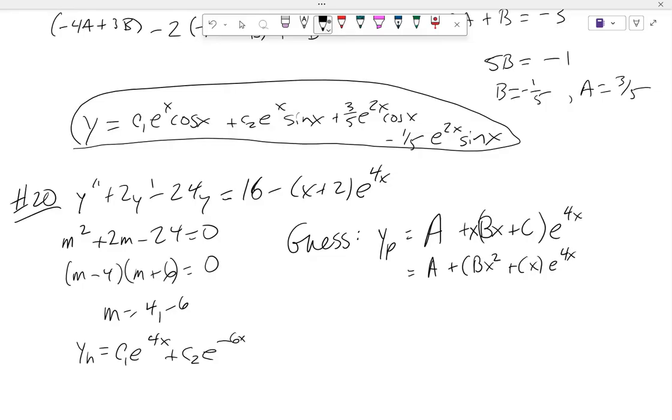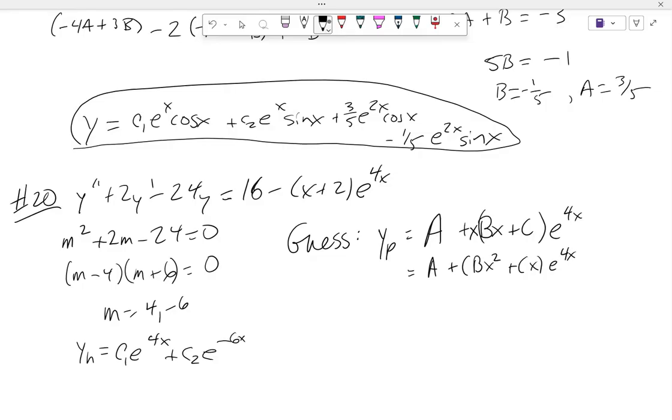So I'm going to emphasize just one more time, because there's a little bit of stuff going on here, right? Since I have some arbitrary-ish polynomial multiplied by the e to the 4x, I need to have an arbitrary polynomial as my coefficient times e to the 4x. Okay? I can't just do x times e to the 4x there. I have to have something times x plus a constant times e to the 4x.